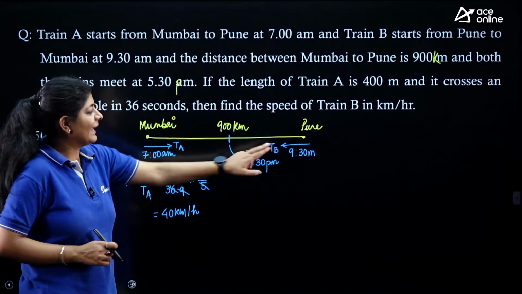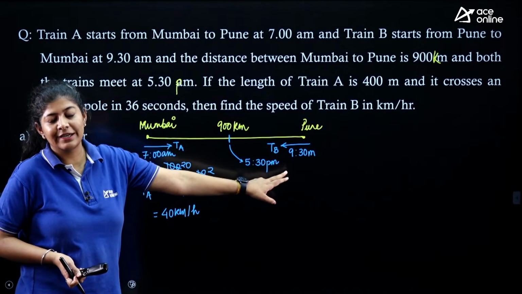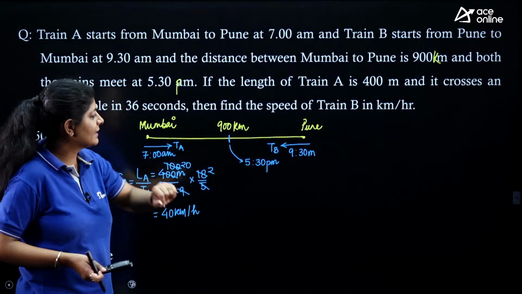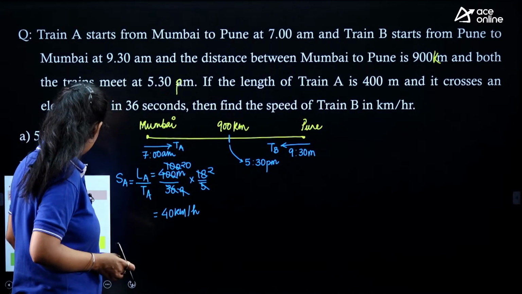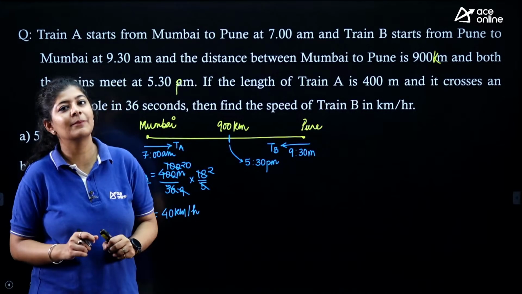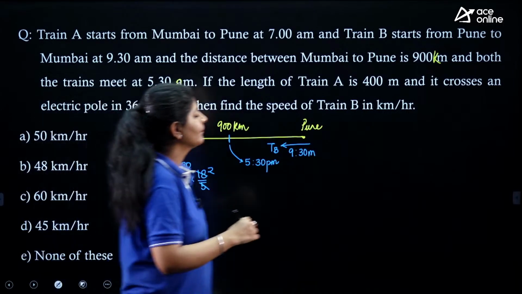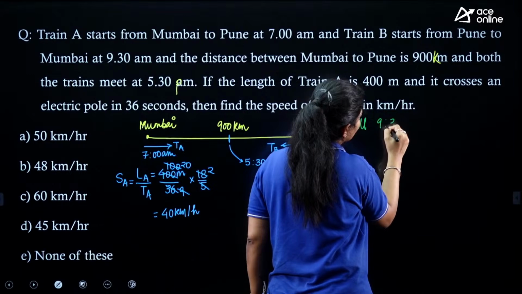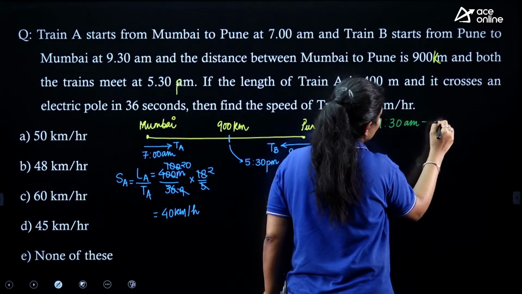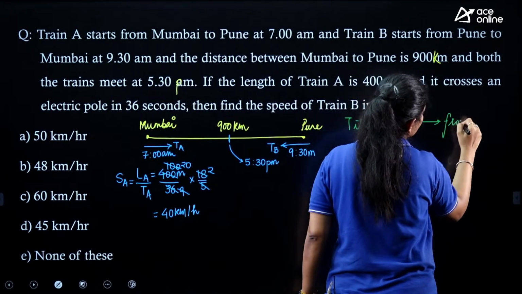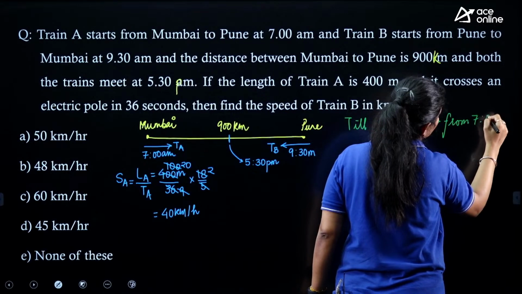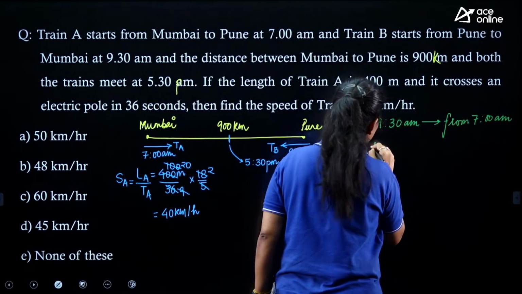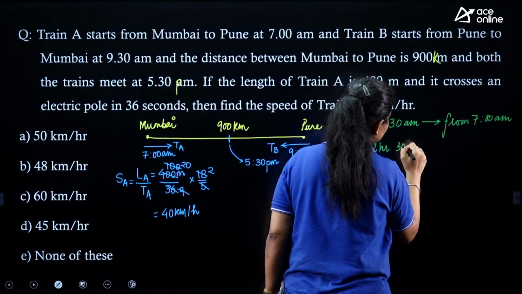Now, as we need to find out the relative speed and the remaining distance, we can first find out how much distance is covered by train A till 9:30 am. From 7 am, that means 2 hours and 30 minutes.